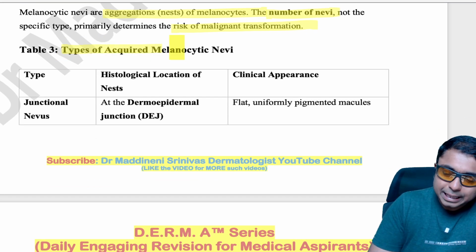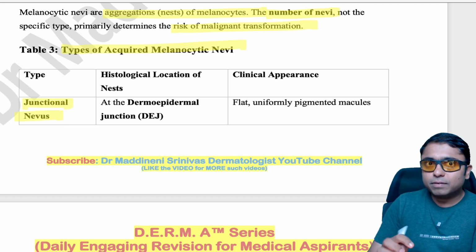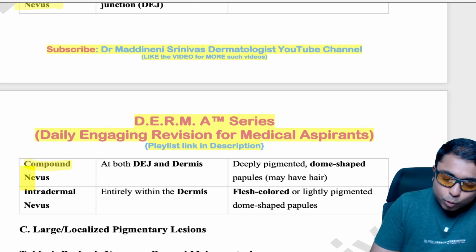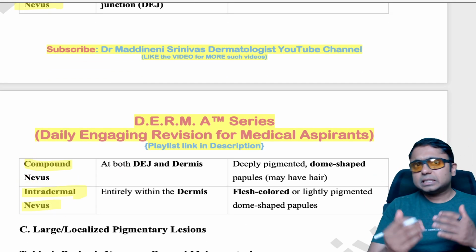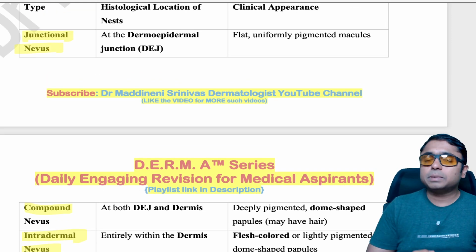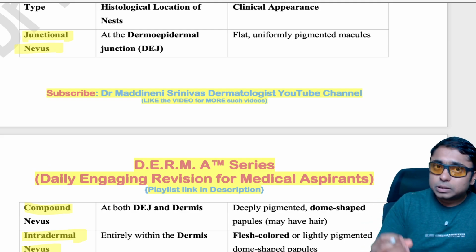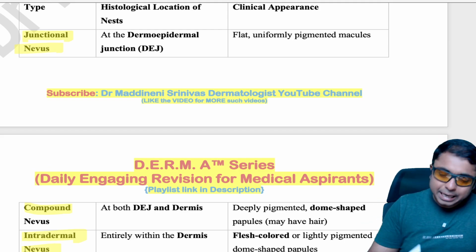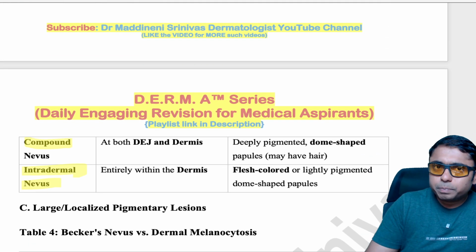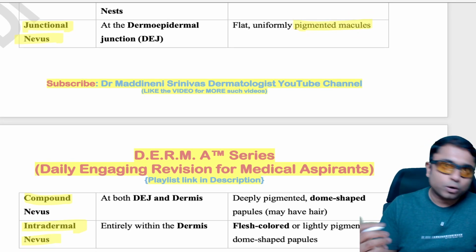Coming to the types of acquired melanocytic nevus, you should remember junctional nevus, compound nevus and intradermal nevus. These are the three types. The junctional nevus is obviously present at the dermoepidermal junction; the nests of melanocytic aggregations are present at the dermoepidermal junction. It presents as a flat pigmented lesion, that is, pigmented macules over the body.